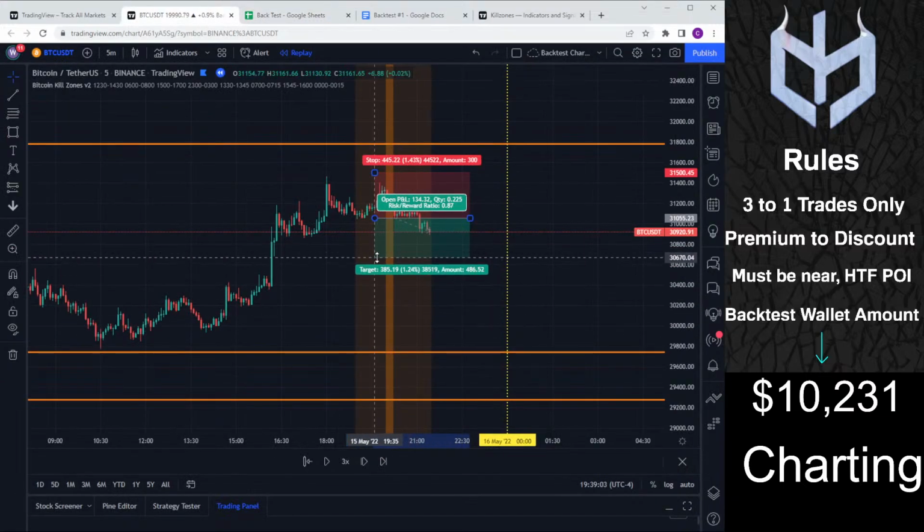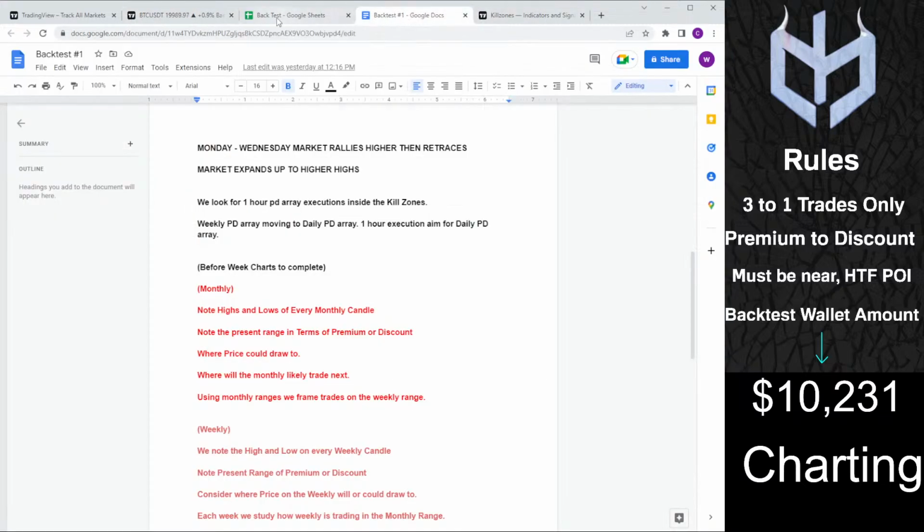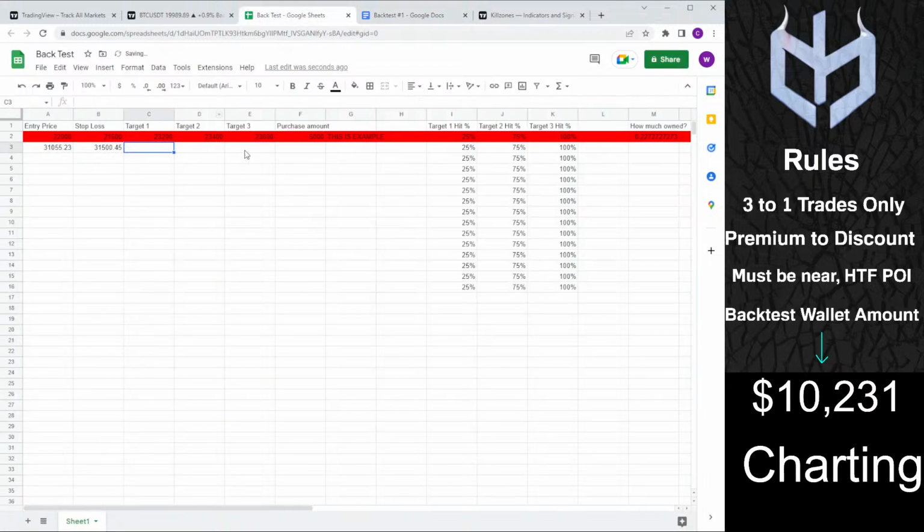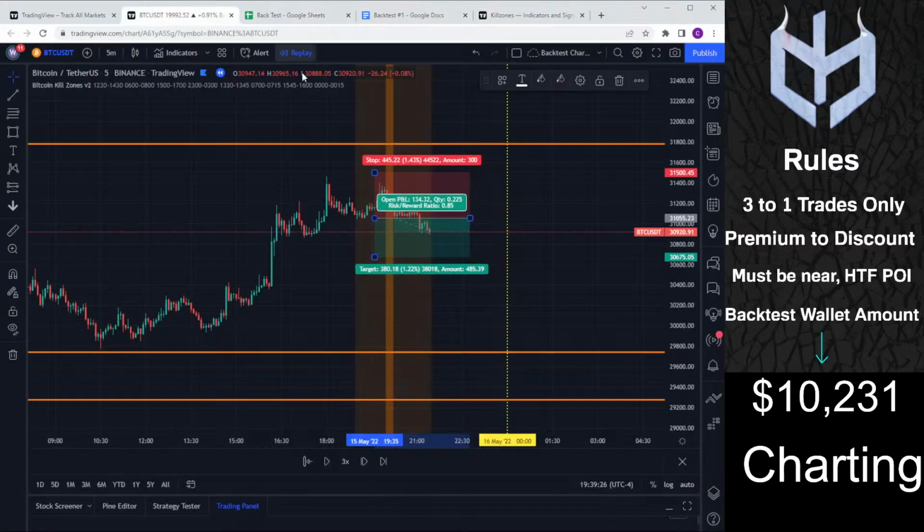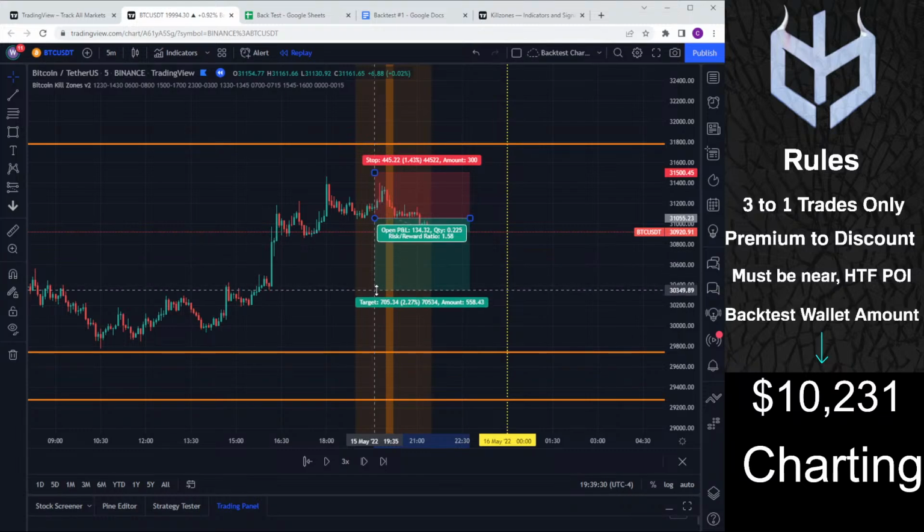First target entry of that liquidity void here, 30670.04. The main target beneath that low.